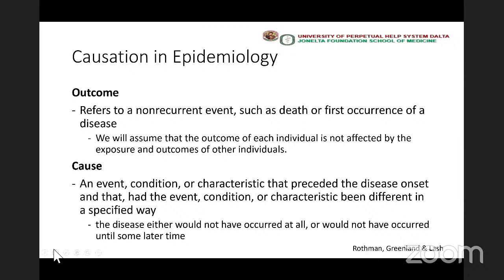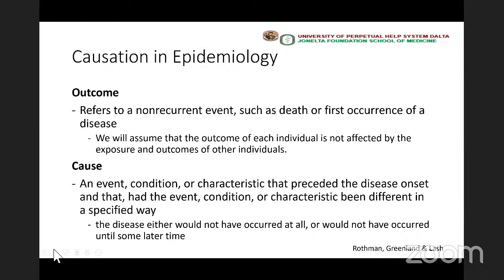So for example, you have diabetes. So what's the cause? So for example, if I am fond of eating sweets, what's the chance that diabetes as a disease would occur in the individual? What's the chance that it would not have occurred at all? Or is there a chance that it will occur, but at a later time?